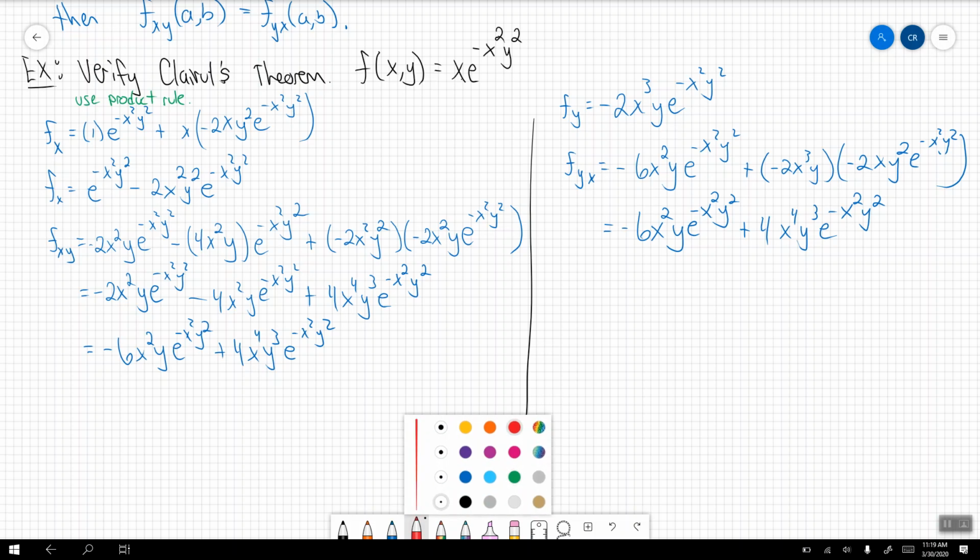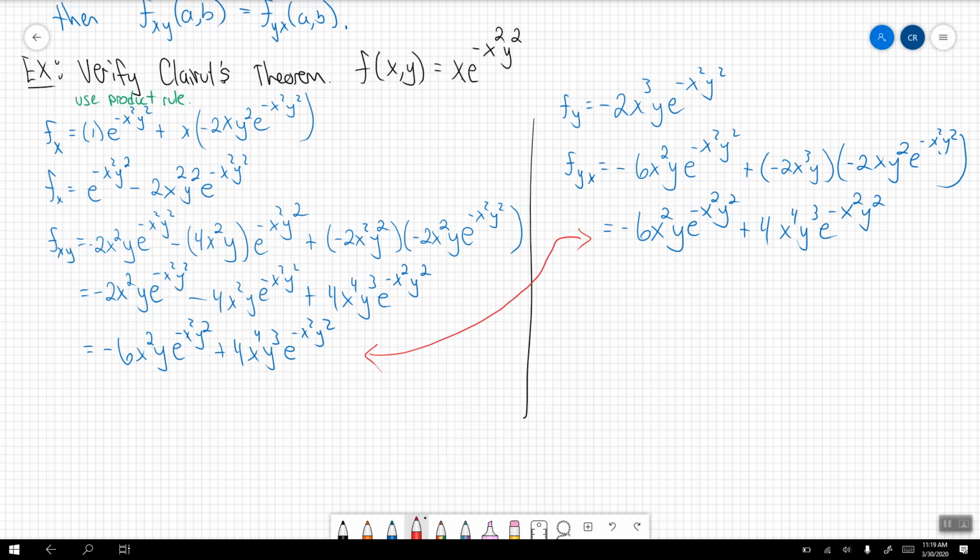Now, Clairaut's theorem holds even though we're not evaluating at a given ordered pair, we still get the exact same value for the derivatives because this initial function is continuous everywhere. If it's continuous everywhere, then it must be true for all of the points on its domain that Clairaut's theorem will hold. Therefore, Clairaut's theorem is now verified.